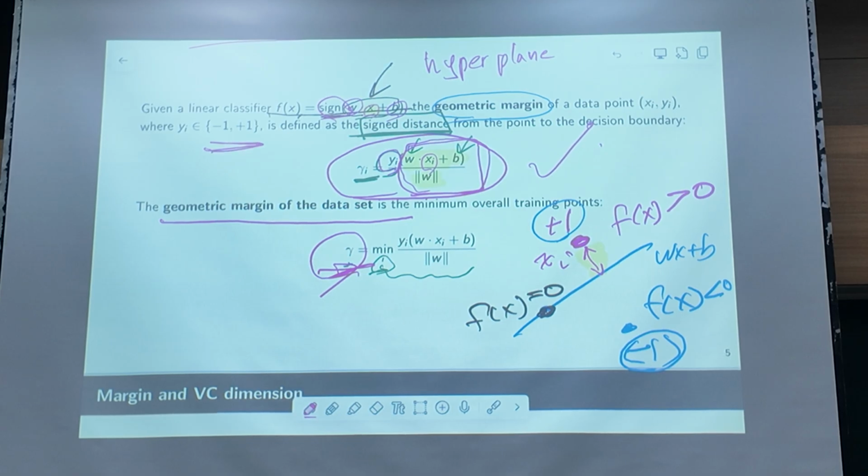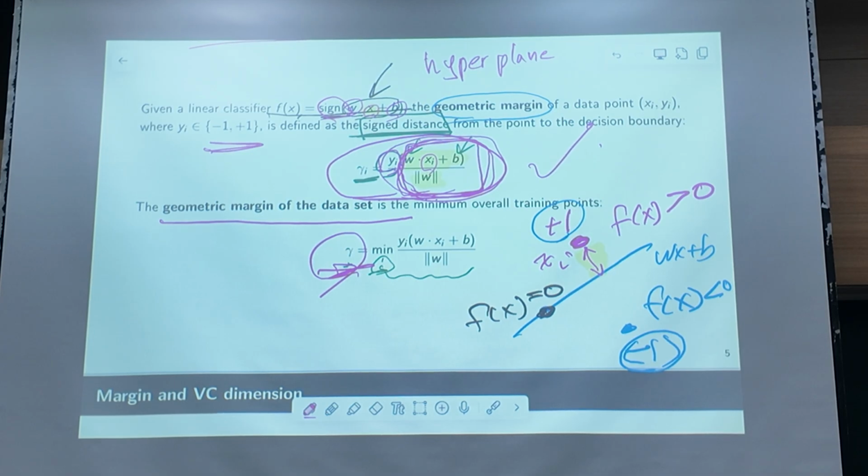If the data is on the right side of the hyperplane, then it's going to have a positive value. If not, then it's going to have a negative value. Because if it's below that line, it's supposed to have the label -1.